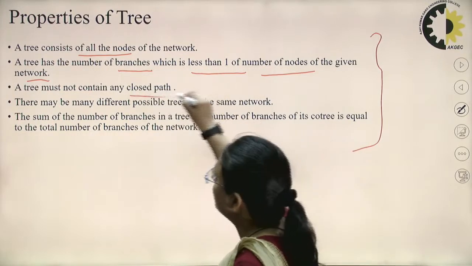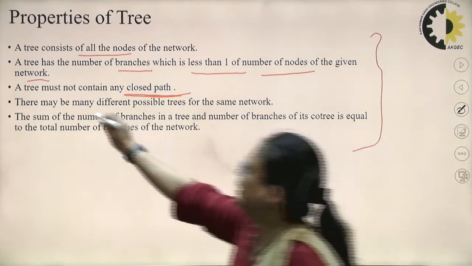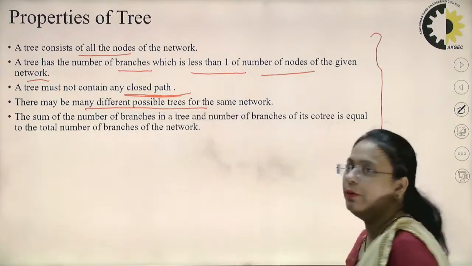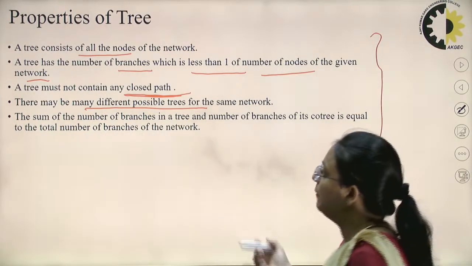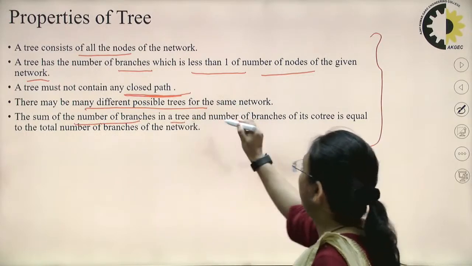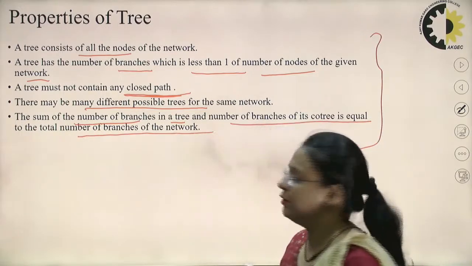A tree must not contain any closed loop, and there could be many different possible trees for a particular network. And the sum of the branches in a tree and the number of branches of its co-tree will be equal to the number of branches of the network.